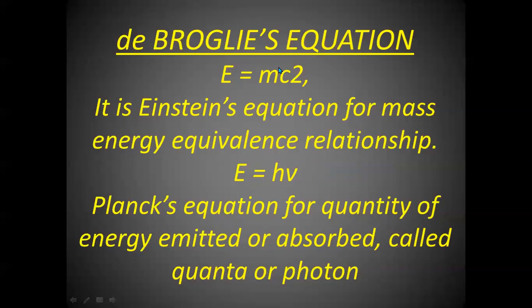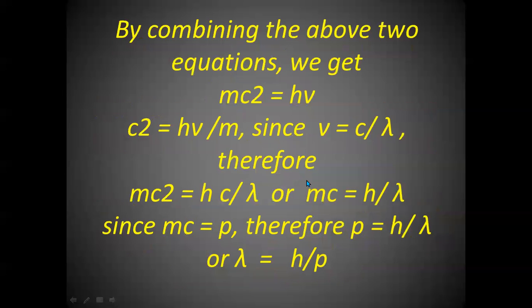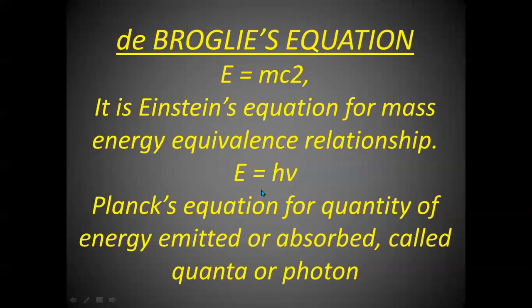Now we see that both equations have energy on the left side, meaning they are the same. Our energy is given by two different equations, mc square and h nu. He took advantage of this and got another relationship: E is equal to mc square, which is equal to h nu. Why? Because when two equations have equal left-hand sides, the right-hand sides of both equations will be equal.